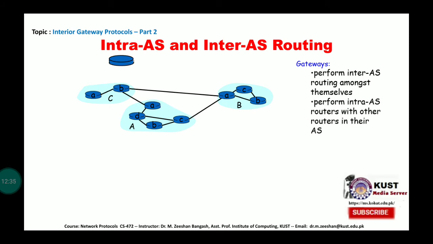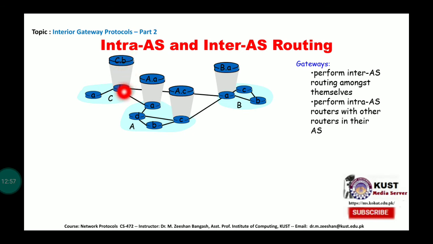Now, there are also gateways that perform intra-autonomous system routing with the other routers in the autonomous system. So let's discuss this: we have given these different routers a special role. We call them gateway routers, and that has been represented diagrammatically.